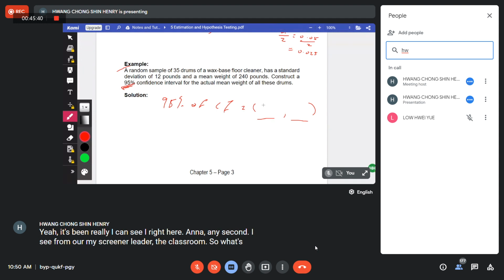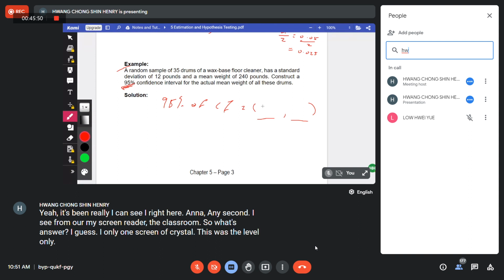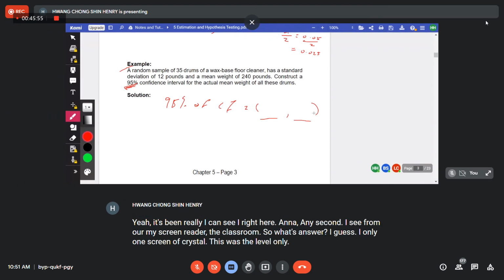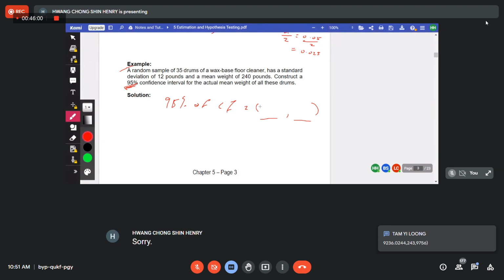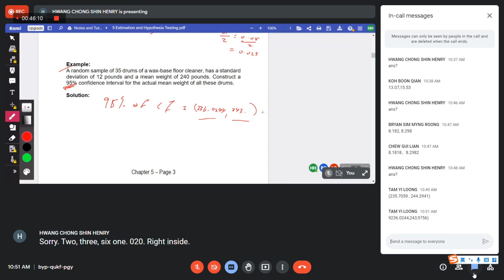So what's the answer? Based on this, I only have one screen now. Based on this, what's the left lower boundary? 236.0244, right? 243.9756.